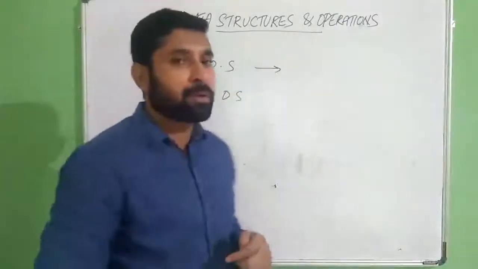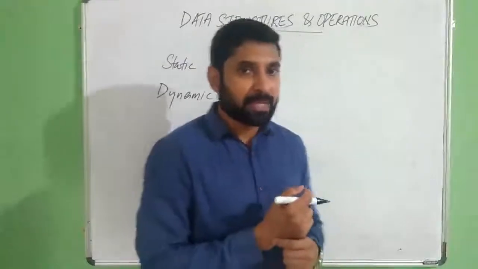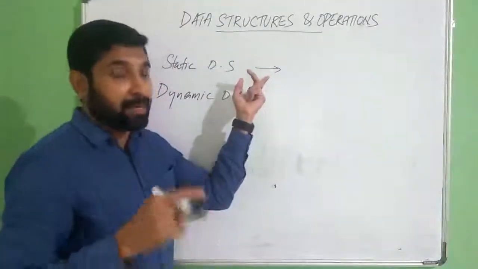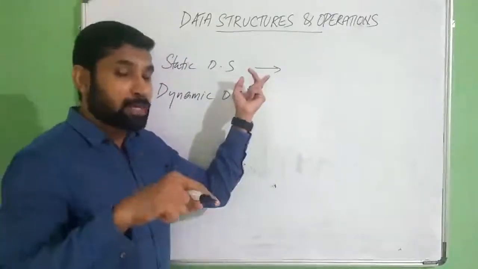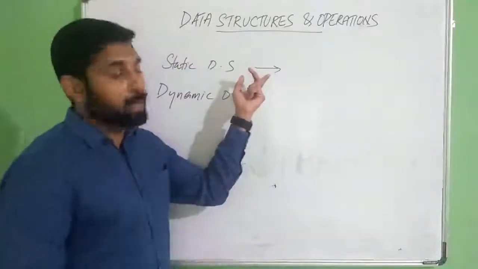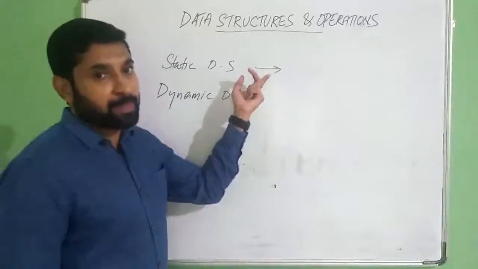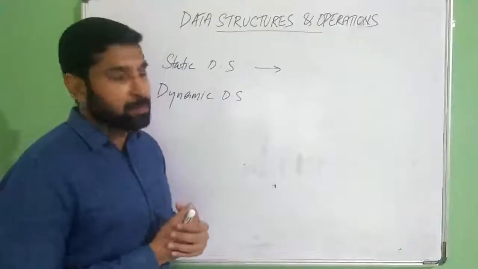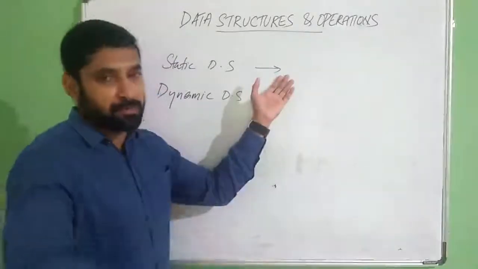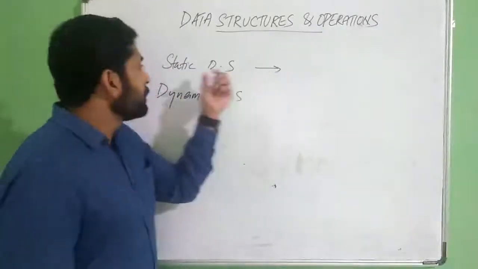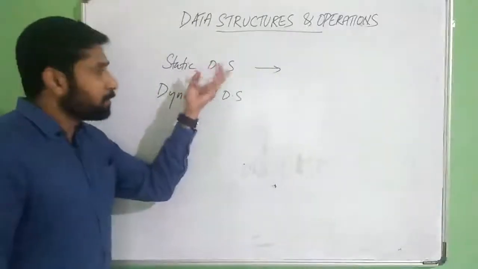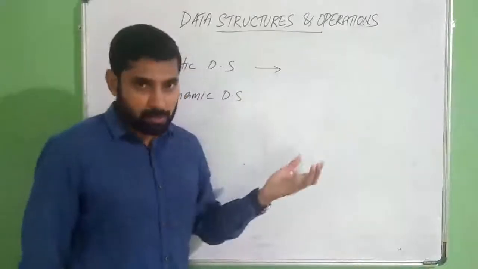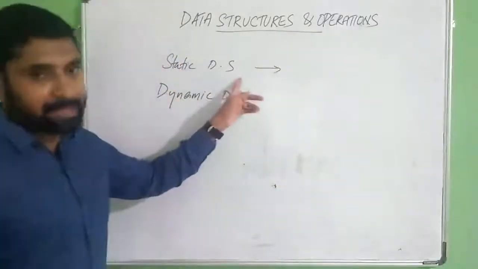In static memory allocation, memory allocation takes place prior to program execution, which means the maximum limit is determined. So there is a chance for insufficiency of memory or wastage of memory. So a data structure for which memory is allocated in static fashion before program execution is called static data structure.